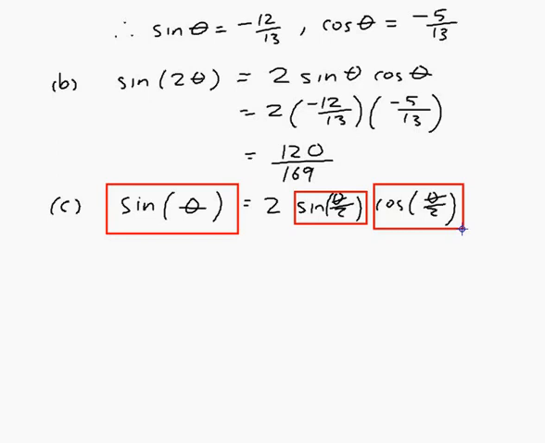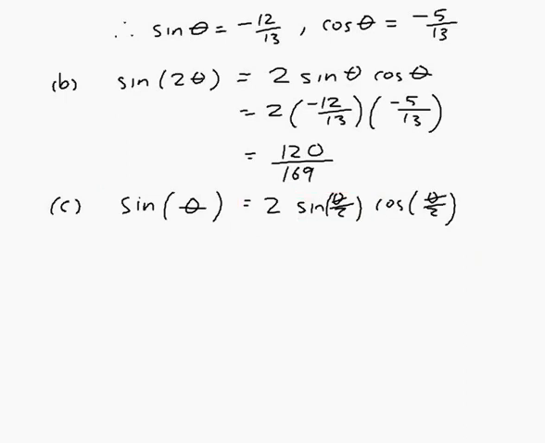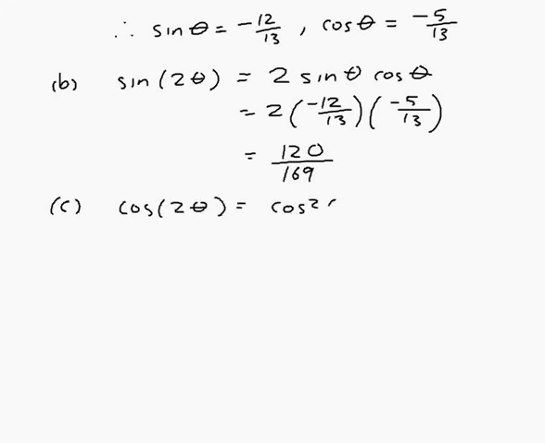Well, I could possibly figure out what cos theta on 2 is using the double angle formula for cos. Let's try that instead. So the formula for cos 2 theta is cos squared theta minus sine squared theta.